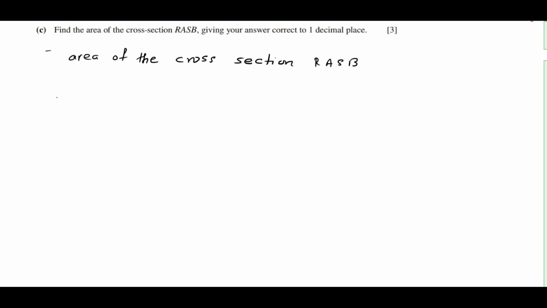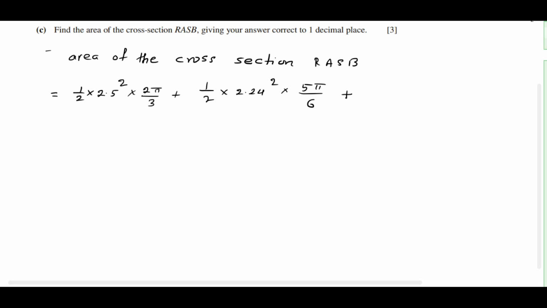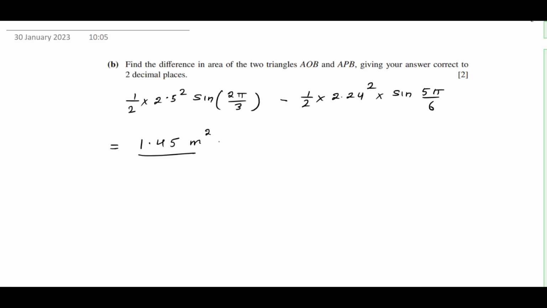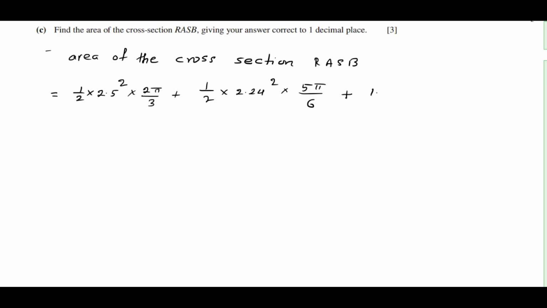RASB will be equal to half into 2.5 square into 2 pi by 3, plus half into 2.24 square into 5 pi by 6, plus the area which we get here as the difference, 1.45.